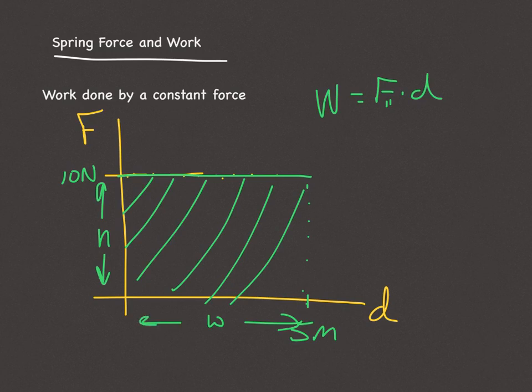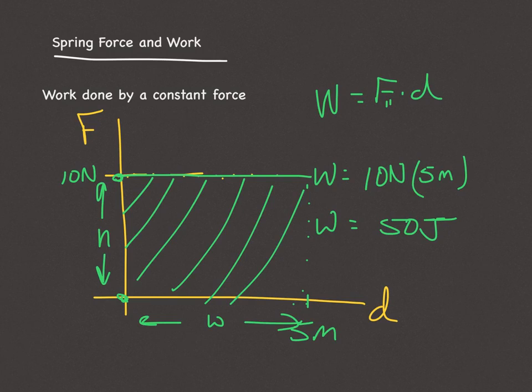So from 0 to 10, that would be my 10 newtons, and 0 to 5, that would be my 5 meters of distance. So I would get a total work of 50 joules being done. The change in kinetic energy of that object would have to equal that 50 joules.